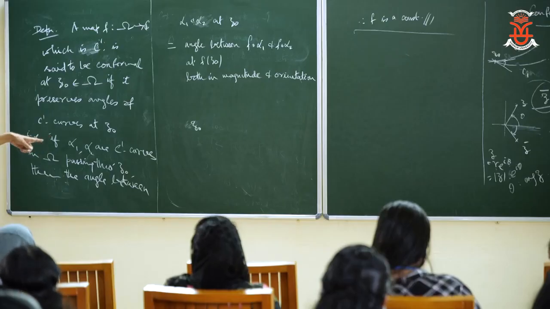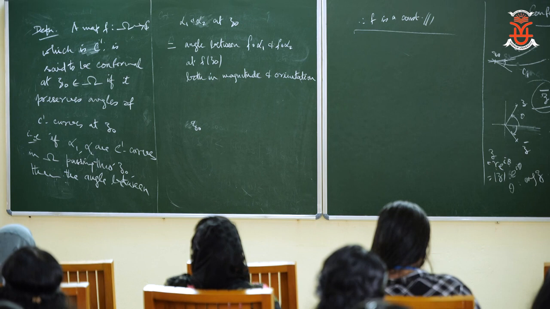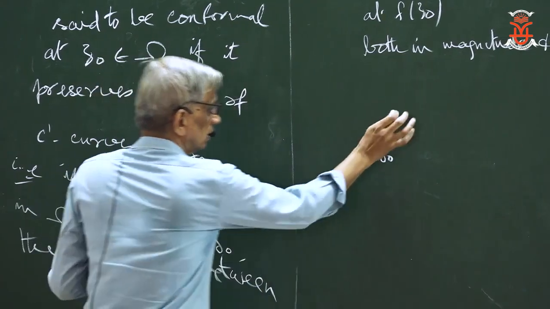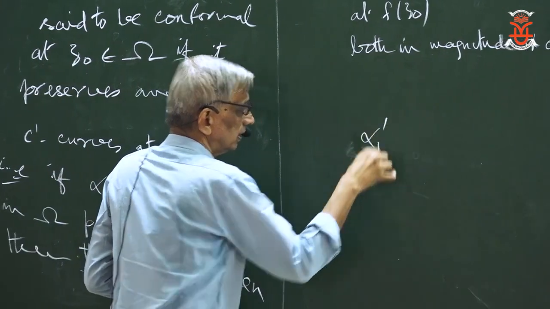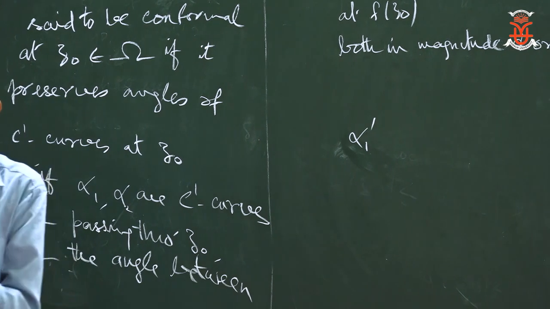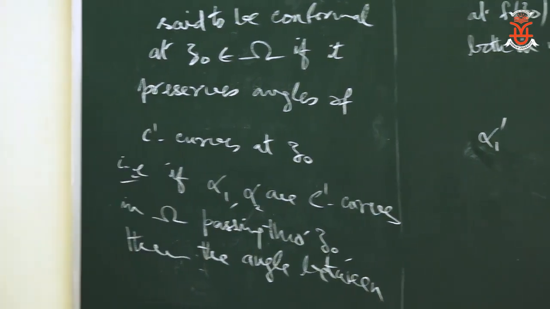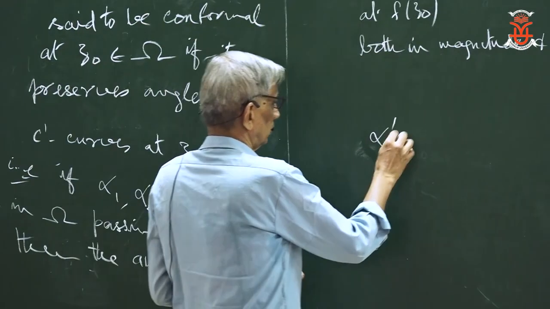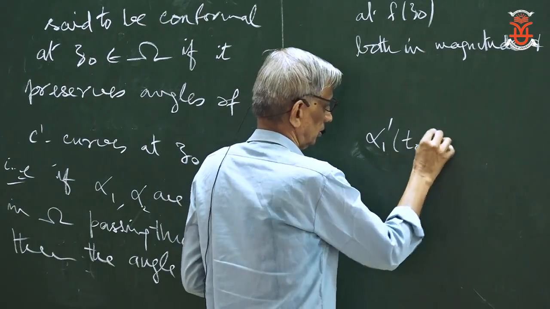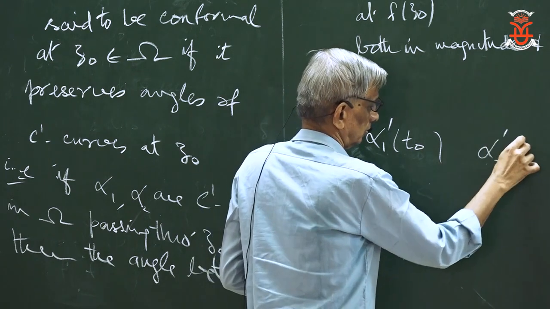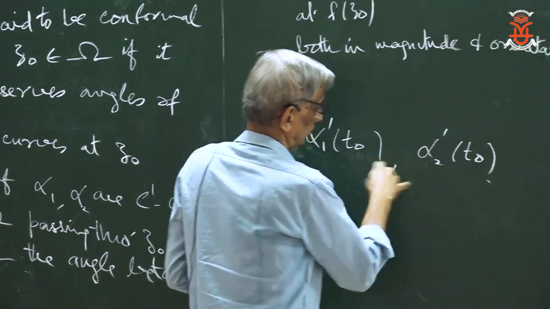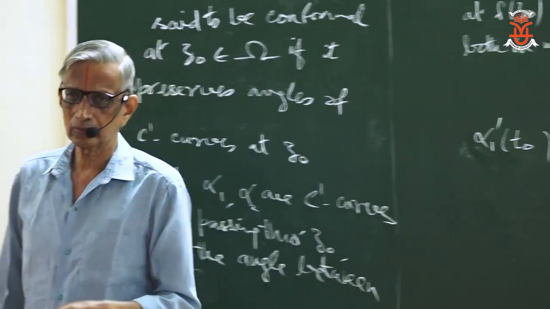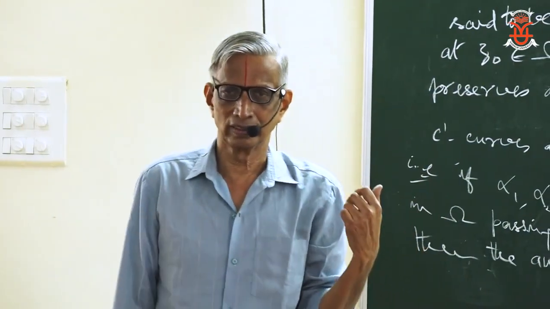Alpha 1 is a curve through z naught means what? Alpha 1 of t equal to z naught for some t, call that t naught. So you have to look at alpha 1 prime or alpha 1 dot if you want, the derivative with respect to t. Okay, so these are the tangents.